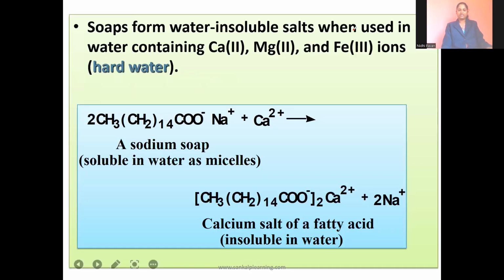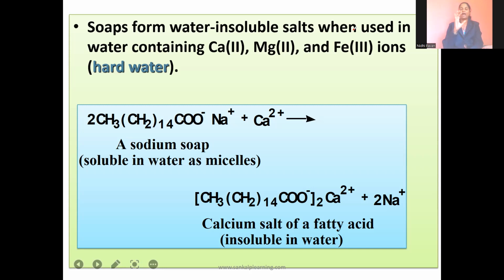Right. Then soap forms water insoluble salts when used in water containing calcium or magnesium. So they will say that don't use soap in hard water. Why? Because hard water consists of elements like calcium, magnesium, etc. So when these elements react with the soap, along with the water, they form a salt which is insoluble in water.